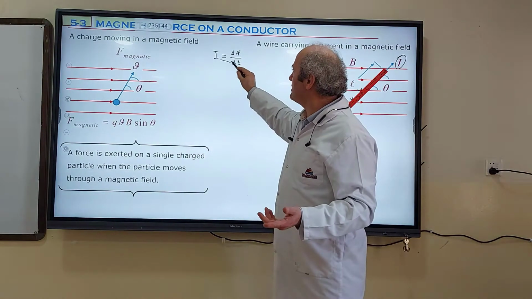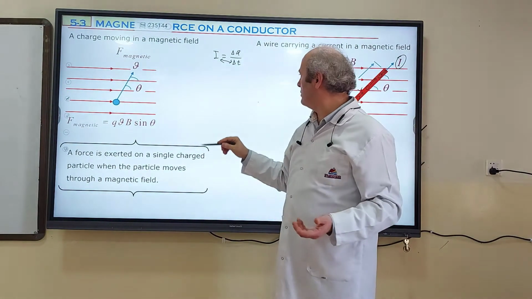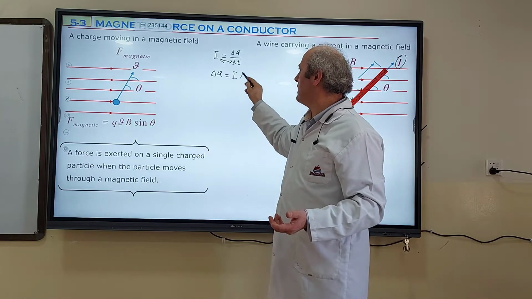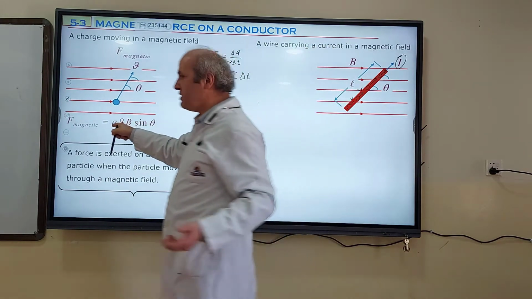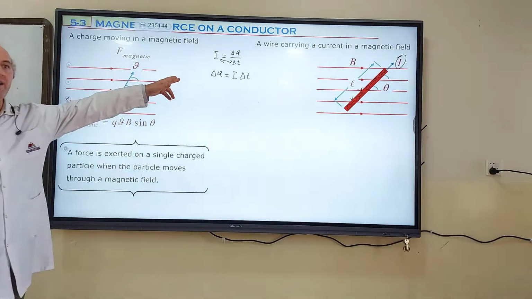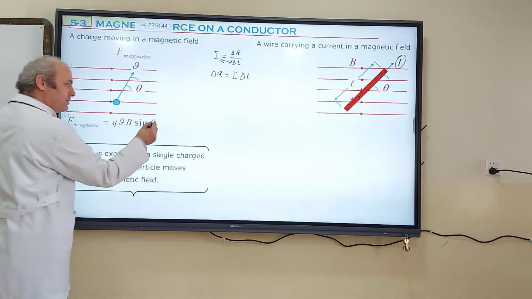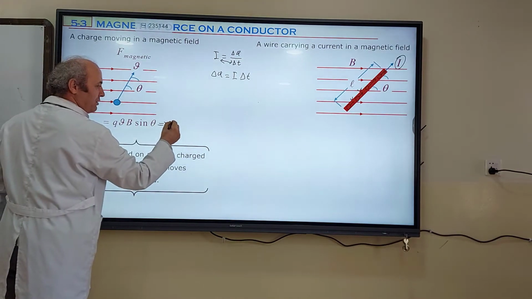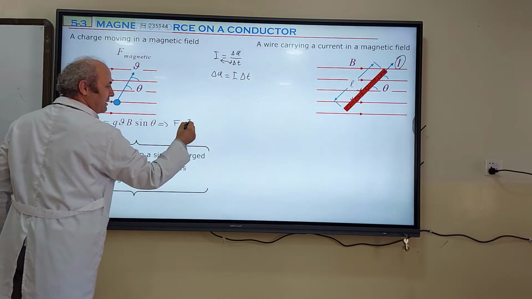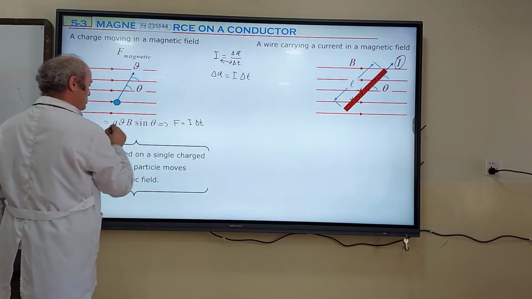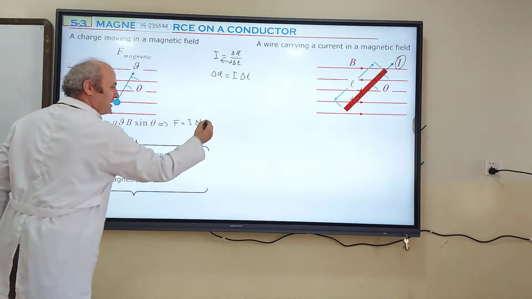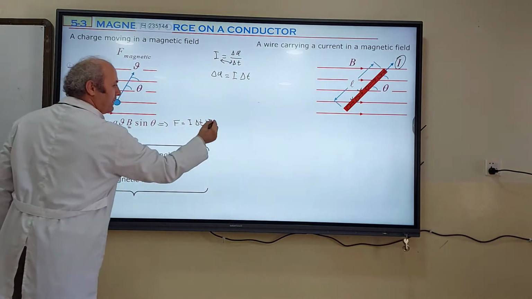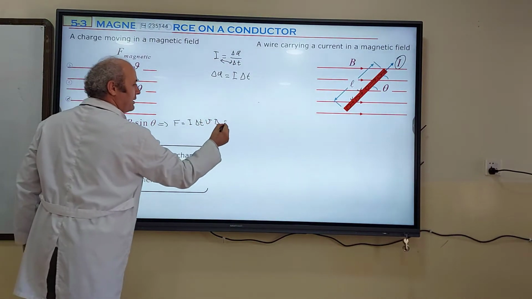If I cross multiply these two quantities, I can get delta Q. What is delta Q equal to? I times delta T. Now you are going to write here, instead of Q, I times delta T. So F is equal to I times delta T, which is Q, multiplied by V, which is the speed of the charge, multiplied by B, multiplied by sine theta.